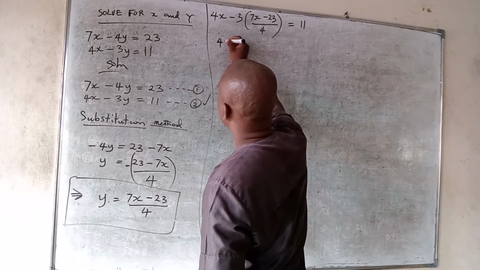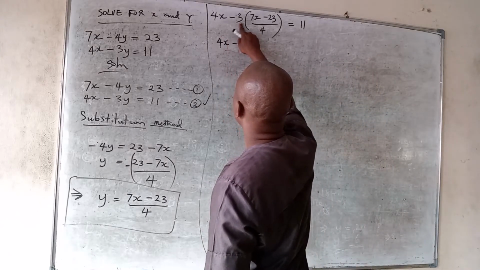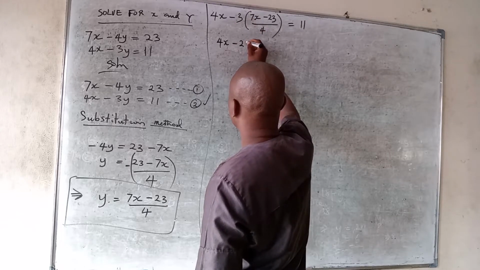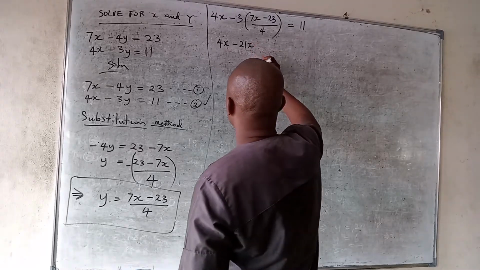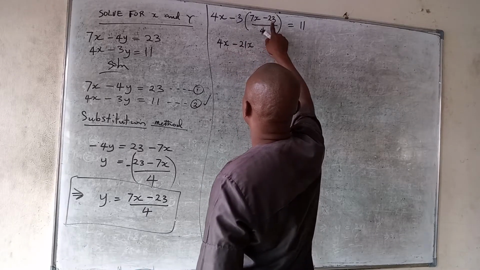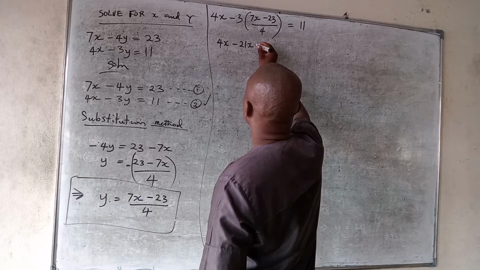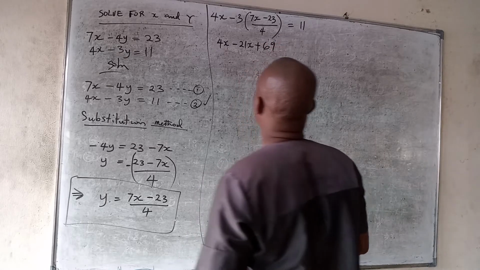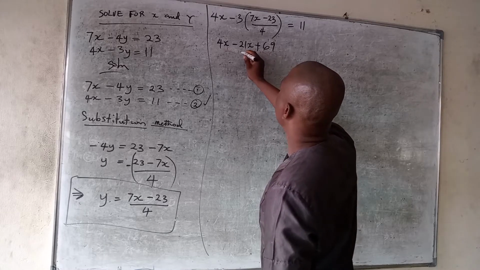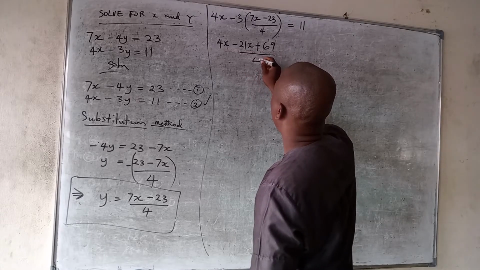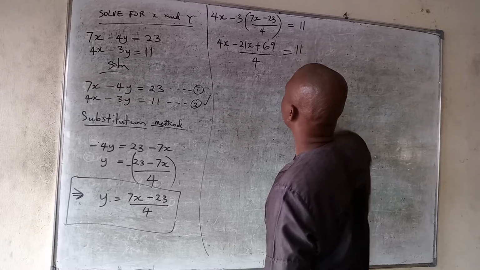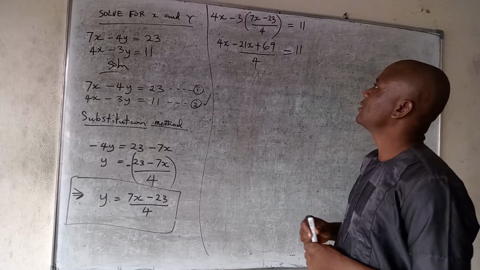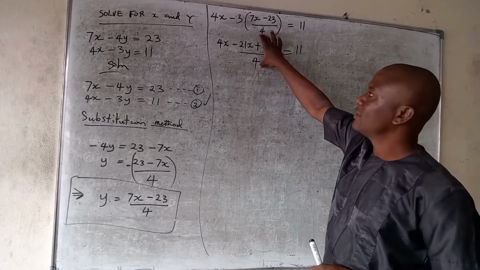Which means that 4x minus 3 times 7x is minus 21x. Minus 3 times 23 is plus 69. This will be over 4 and it is equal to 11. So we've opened up this bracket to now have this.